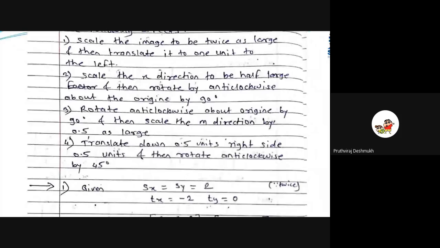We have to enlarge the image. Now what is the next operation? Then translate it 1 unit to the left side. Friends, left side means negative. Suppose I show you the coordinate system in Jamboard. Wait for 1 minute.